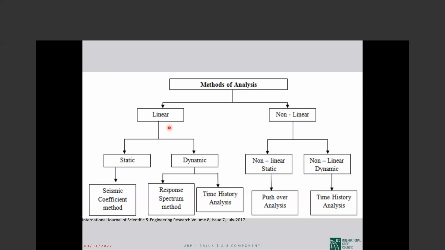we look at the data. So for the capacity, when we want to compare the demand, we define different performance levels, IO for example, immediate occupancy, LS, life safety, CP, collapse prevention, and for each of them we accept some level of damage.